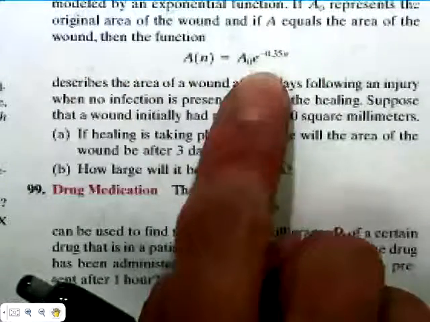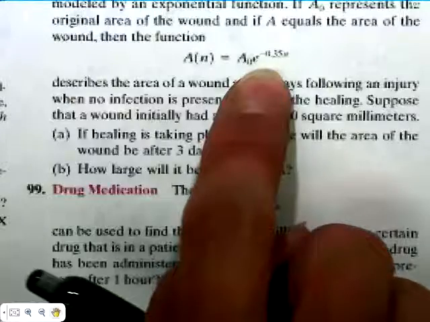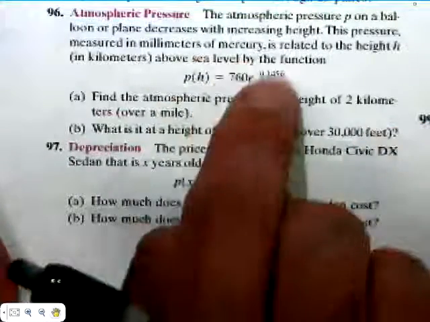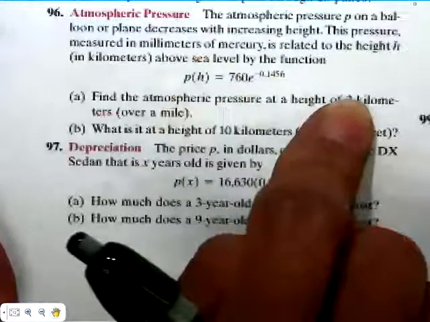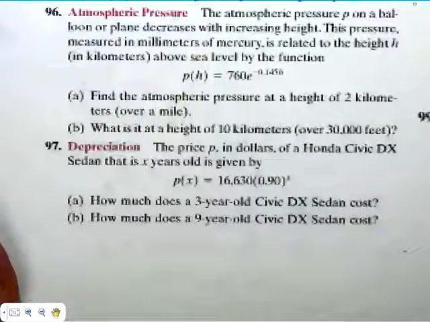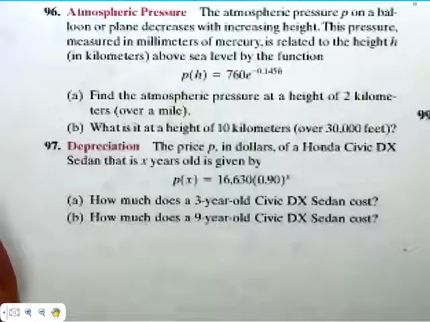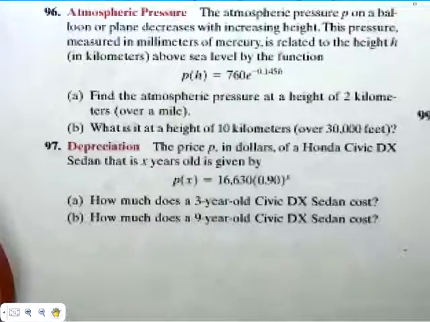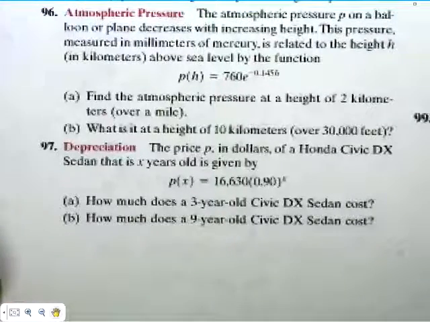If they say number 96, a formula for atmospheric pressure, find the atmospheric pressure at a height of 2 kilometers, that's just put 2 in place of h and punch it on the calculator. So it's not the kind of word problem where you have to come up with the equation. If you want to hang around and make sure you can punch it, I'll hang around with you, but it's just put a number and punch it.